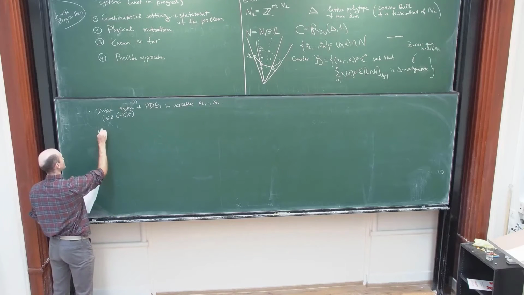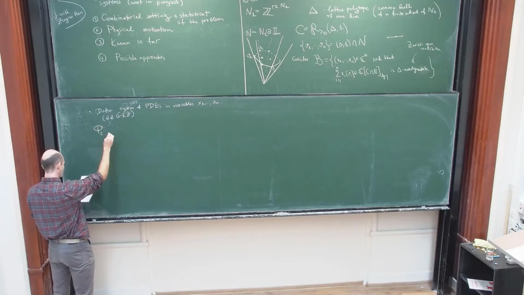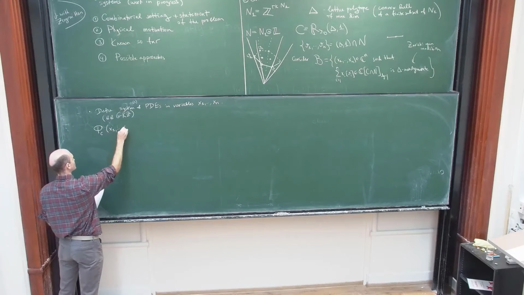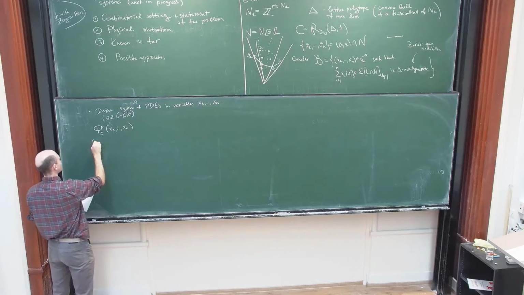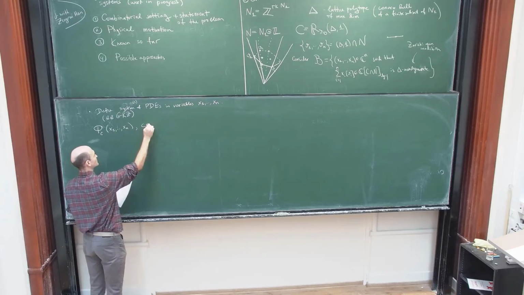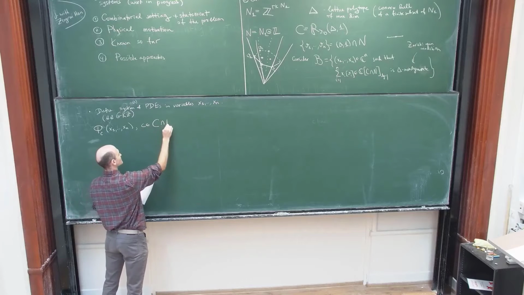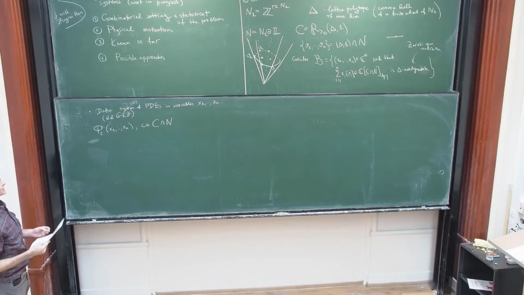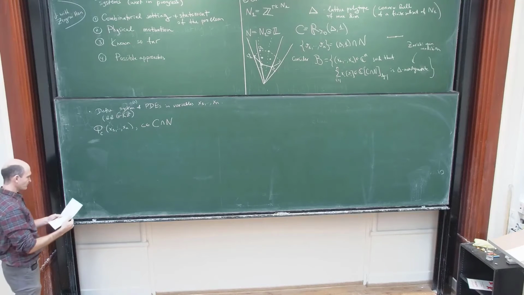But anyway, the functions that I'll have will be some functions phi c of x1 through xn, where c will be in my set, so in the cone, the lattice points of the cone.